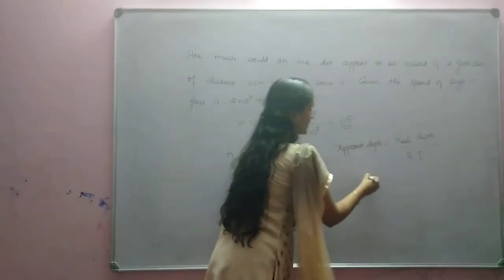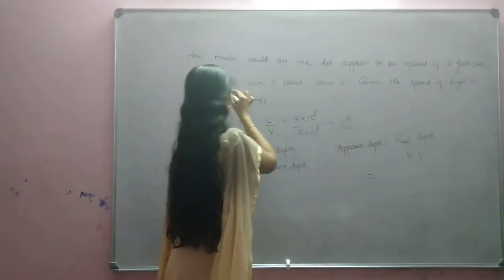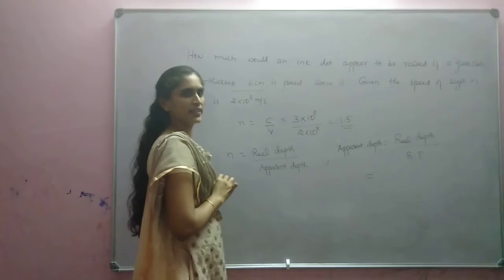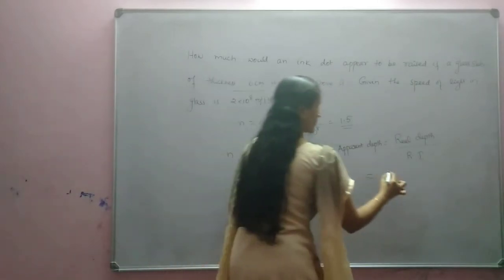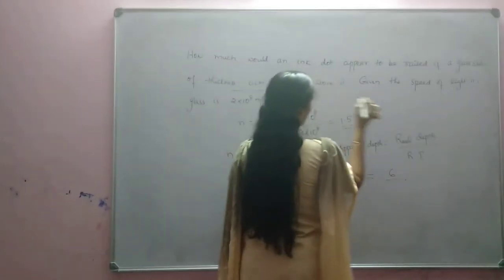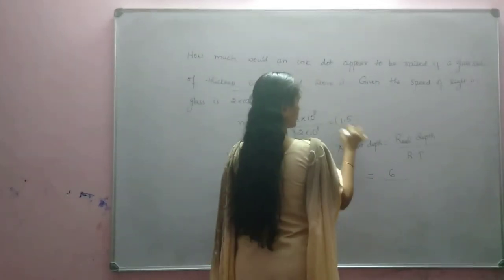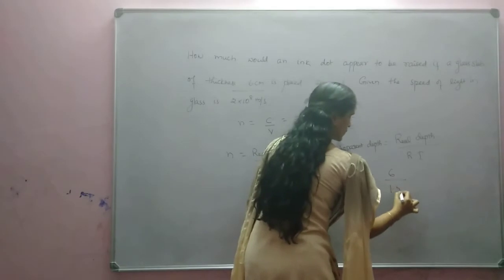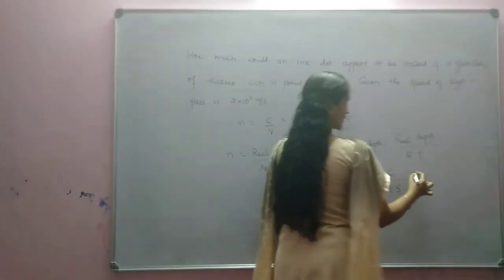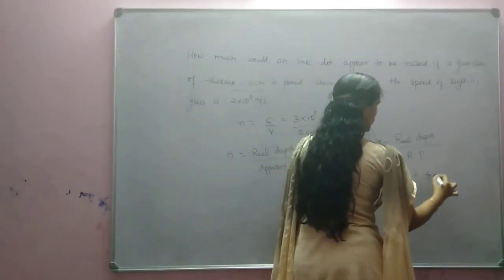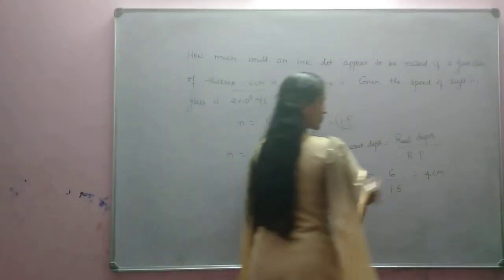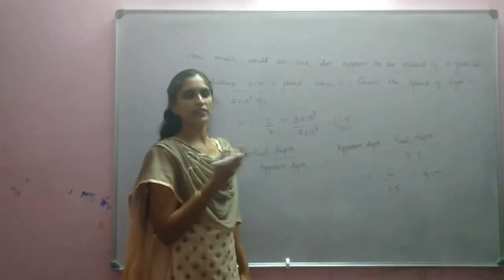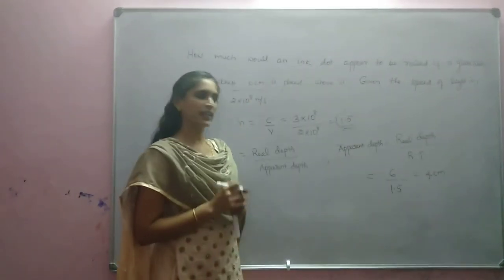And what is real depth? Actual depth, it is given that we are keeping a glass slab of thickness 6 centimeter. So 6 divided by refractive index we calculated, 1.5. What you will get? 60 by 15, which is equal to 4 centimeter. Because we are not converting 6 centimeter, that's why we can write 4 centimeter.